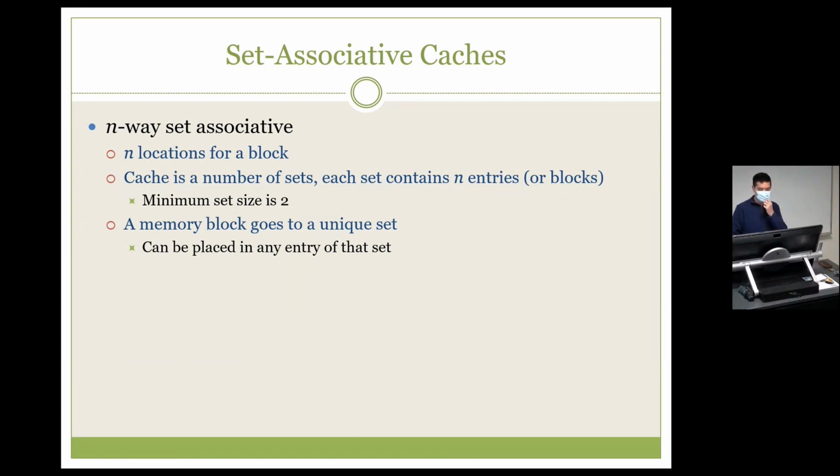We again will have the index, so we know exactly what row to look at. But now within that row, we need to know, is it in the first set, the second set, and so on, or none of the sets? So we have to check n different places with the tag, and the valid bits. We can only go to a unique set, but within that set, there could be n different blocks. So we have to check, is the block that we're looking for in one of the blocks of the set?